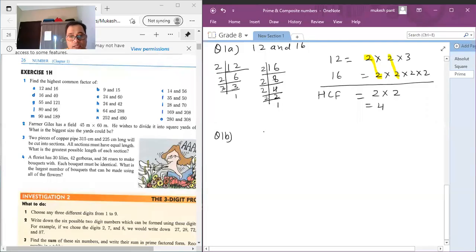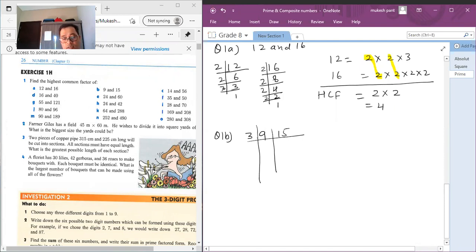We have 9 and 15. I write 9 and 15, in one column 9, in the second column 15. And I start to divide these two numbers by a number which can divide both, but that number should be a prime number. I will choose a prime number which can divide both 9 and 15. So the least prime number is 3.